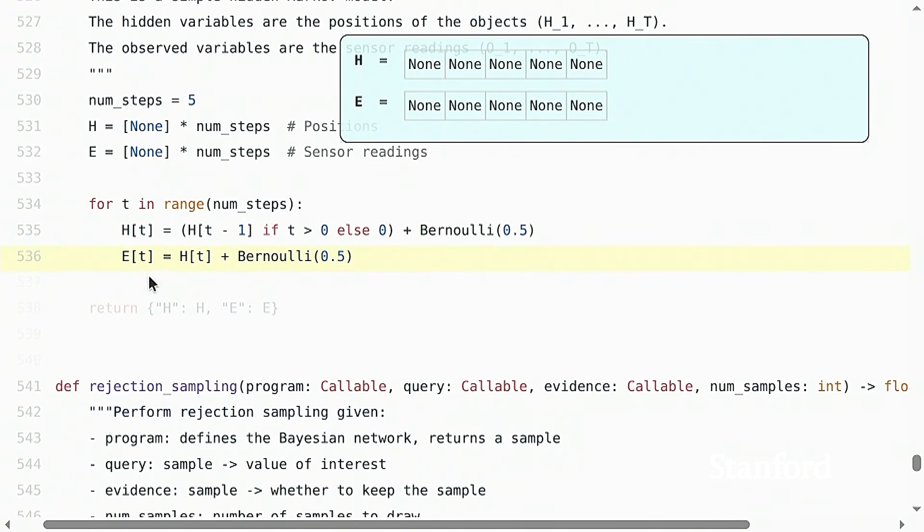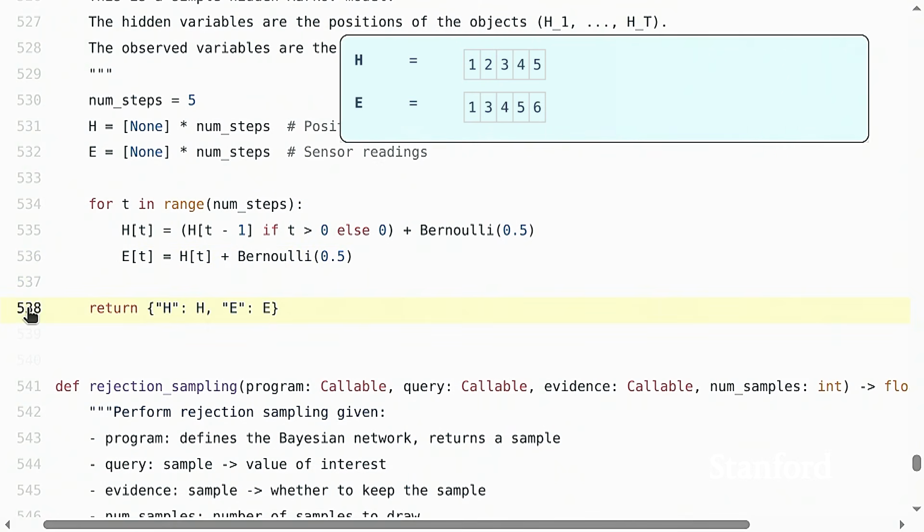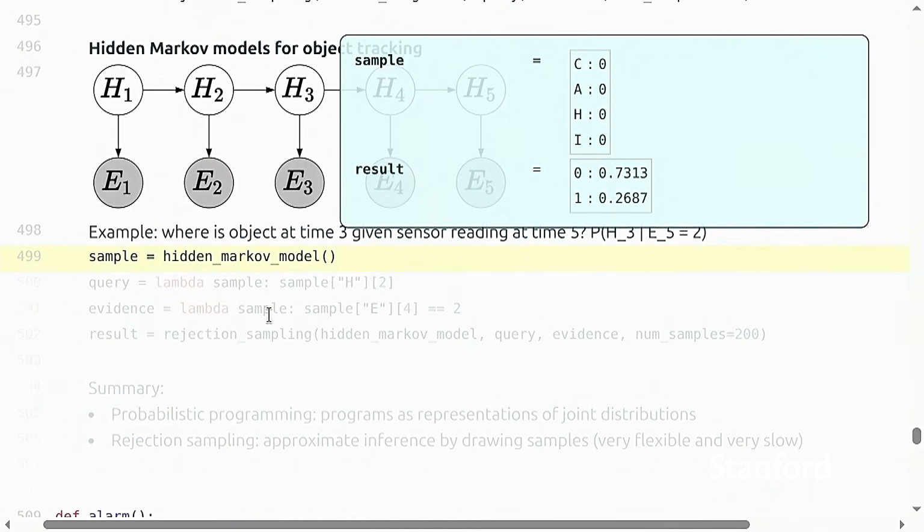And then this E is basically the noisy sensor observation, where I have my true location, and I either add 1 or add 0. And then you return basically the sequence of H's and E's. Okay, so this gives you a sample.